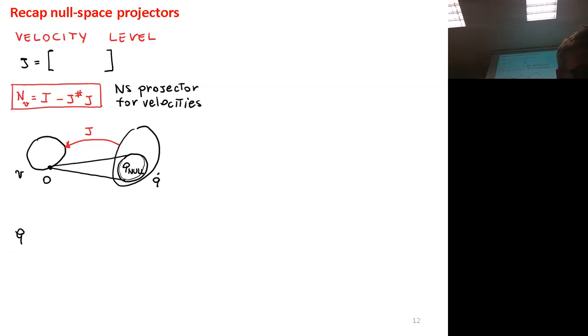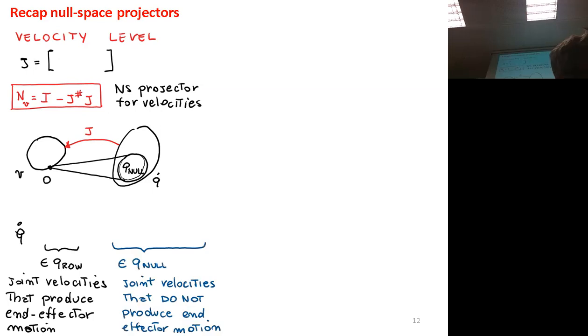If we want to map back into joint velocity from end effector velocity, we see that using this null space projector, we can add some joint velocities that are in the null space of J and don't produce any end effector motion, while these are the joint velocities that produce end effector motion.